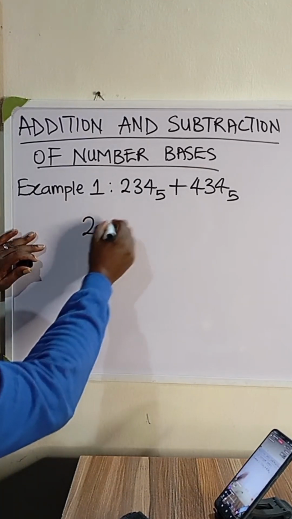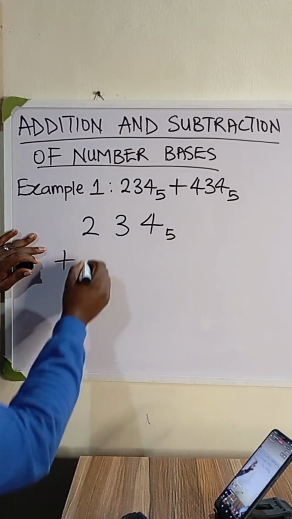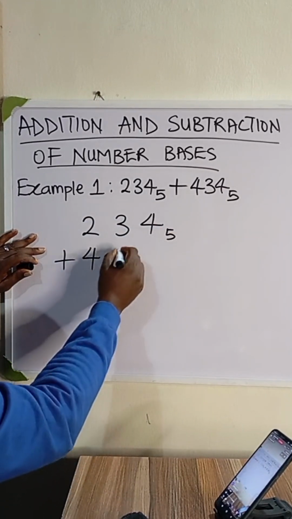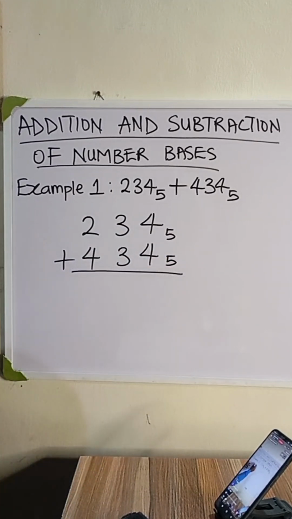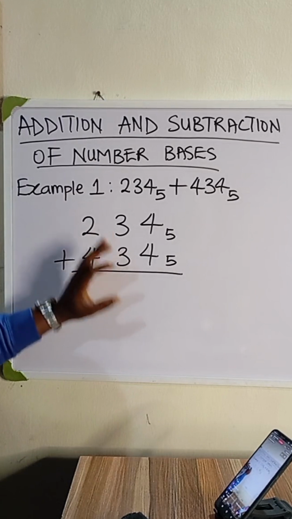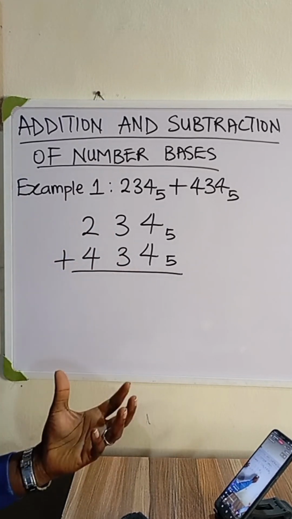So 234 base 5 plus 434 base 5. First thing you need to remember is a number in base 5 cannot have a value bigger than 5.